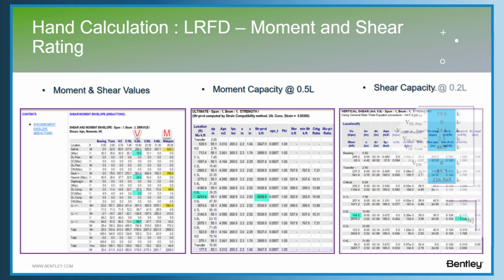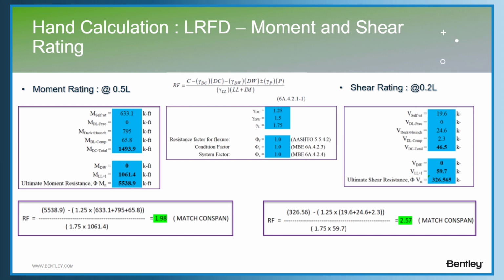Here you can see the calculation for the moment rating factor at 0.5L. I'm getting all this information from the report: the dead load, the live load, and the moment capacity. I'm plugging these numbers into this equation from the MBE, and I get a value of 1.98, which matches Conspan.